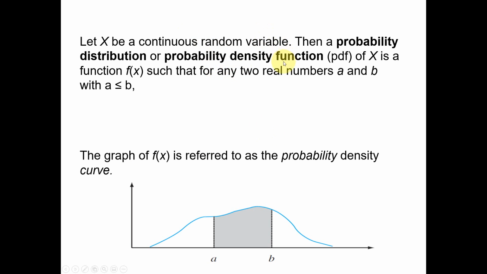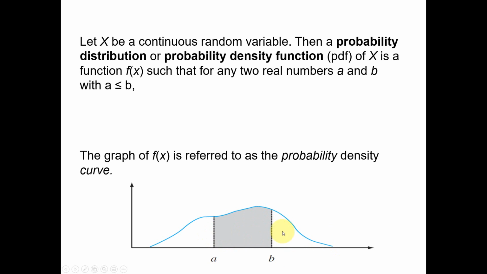So let x be a continuous random variable. The PDF of x is a function f of x, such that for any two numbers a and b with a less than or equal to b, here's point a and here's point b. This curve is a PDF, or the graph of f of x is this curve.